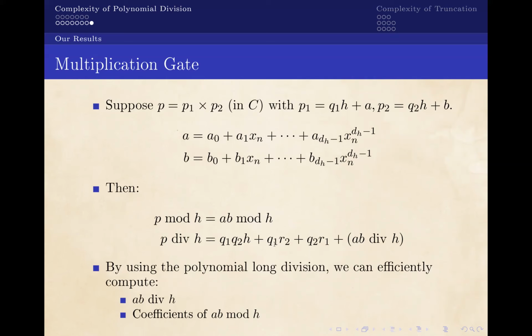Then I can use polynomial long division now, which we can do by paying an additional blow-up of size dh square, and this long division will give me the AB div h and also the coefficients of AB mod h.